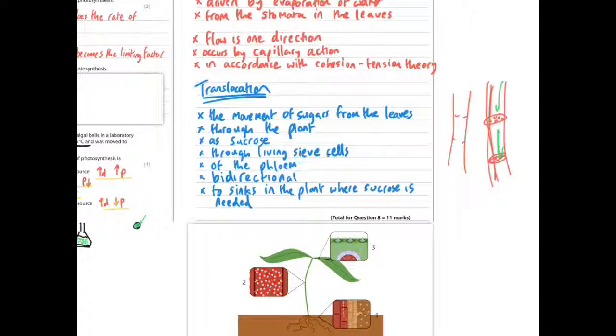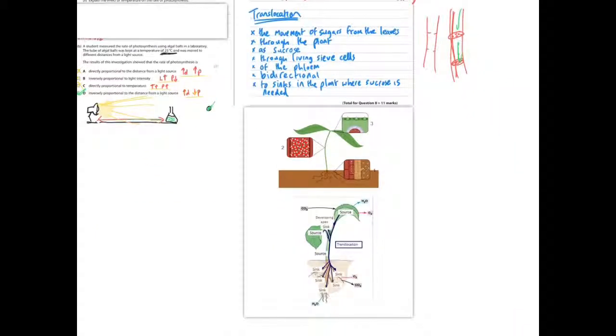So through living sieve cells, these are called sieve cells with sieve plates here, because they look like sieves, of the phloem. The movement is bidirectional, can move up and down to the sinks in the plant where sucrose is needed. So the sinks are basically places where the sucrose is used for respiration, or it's stored as starch.